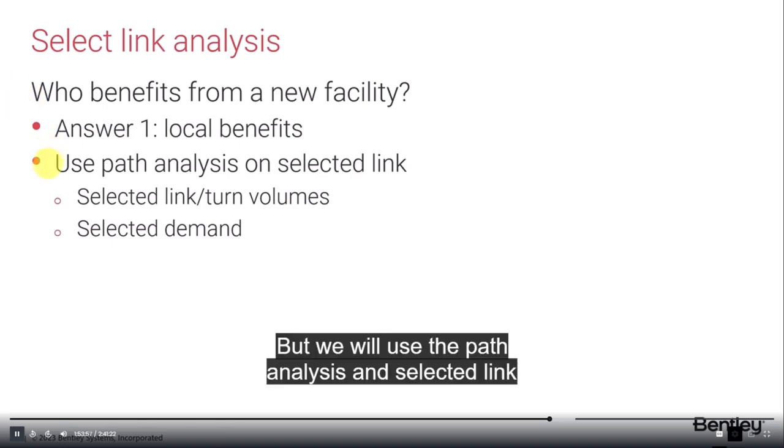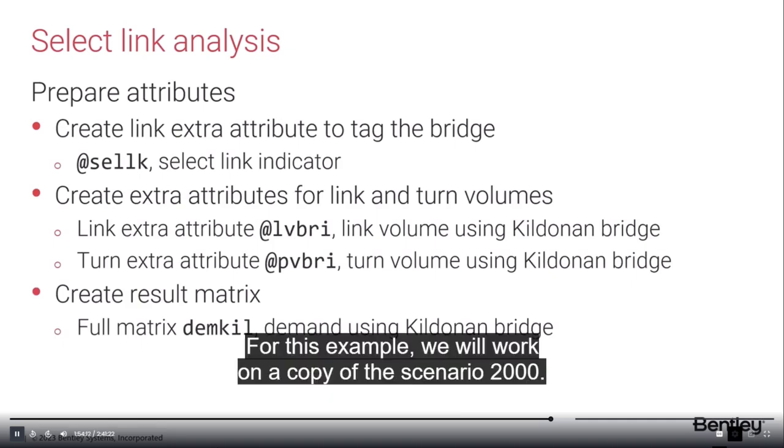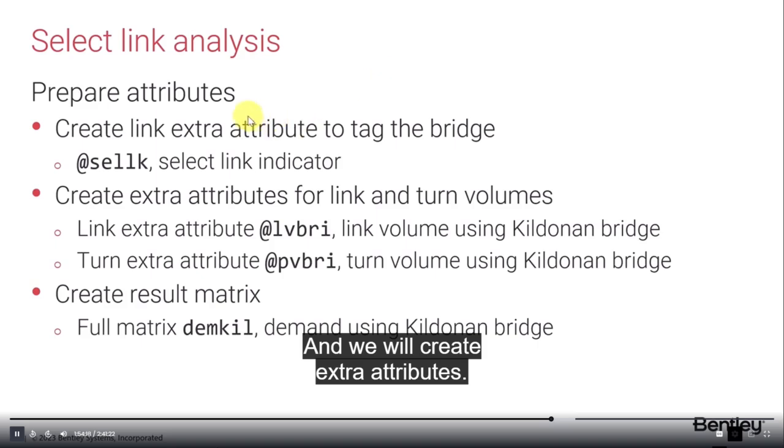But we will use the path analysis on selected link to extract the link volumes and turn volumes and to extract the demand that benefits from the new infrastructure. For this example, we will work on a copy of the scenario 2000, and we will create extra attributes.